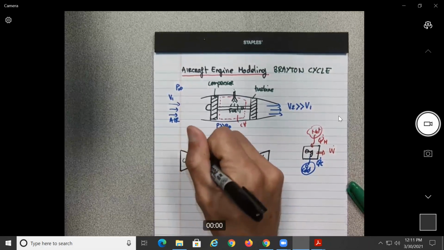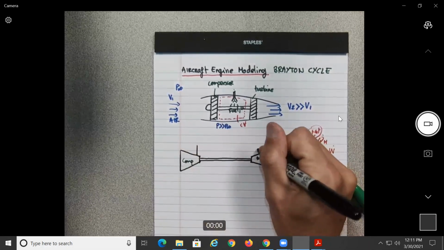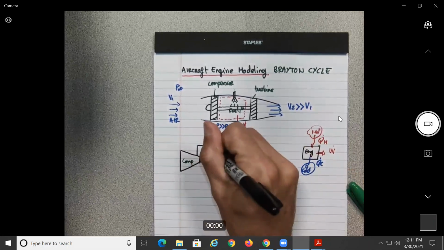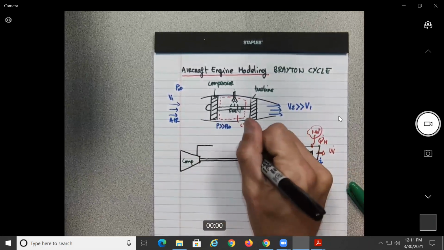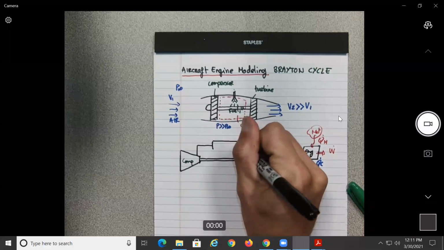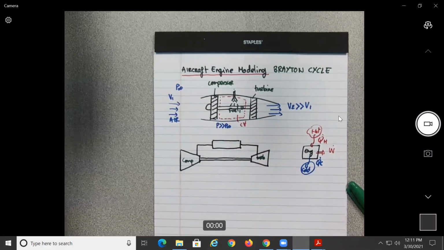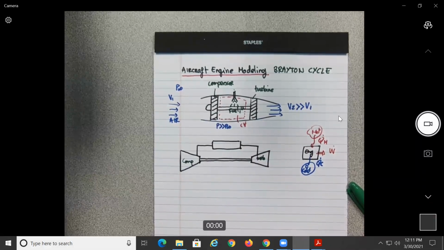And obviously, between these two, what do you need? You need to have the two temperature reservoirs.